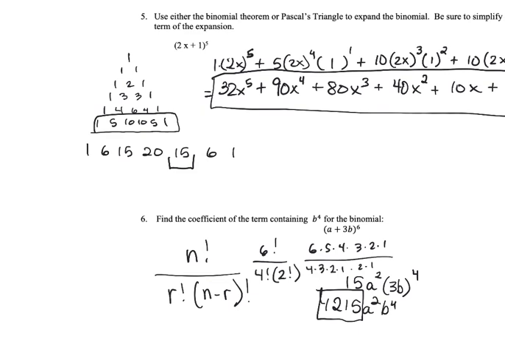The nice thing about how this formula works is the 4 times 3 times 2 times 1 cancel out, so you have 6 times 5, which is 30, and 30 divided by 2 is 15. So we still get the same value, 15, using the binomial theorem.